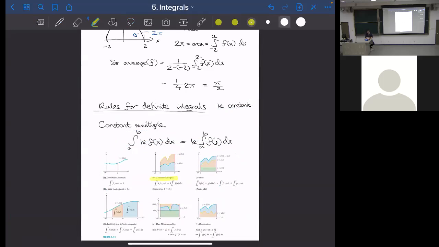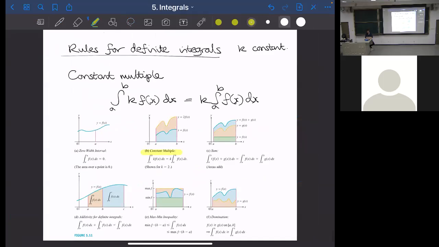So why does that make sense? If I have the graph y equals f(x), and I know the integral of that, so this graph is non-negative, so the integral is the area, the blue area, and I want the integral of y equals 2 times that, then the integral is going to be twice. So you can see from the picture that the area is going to be doubled.